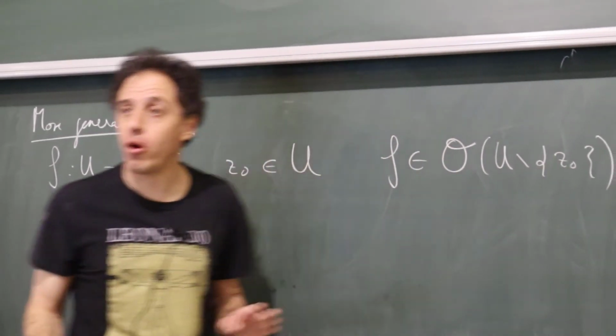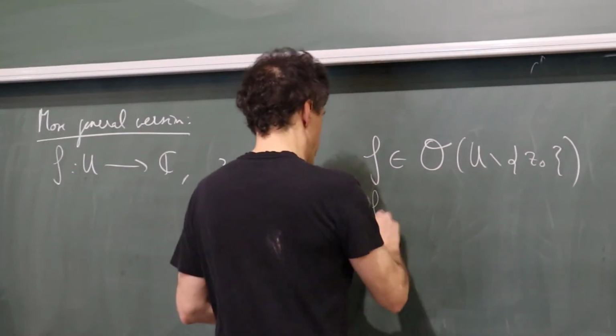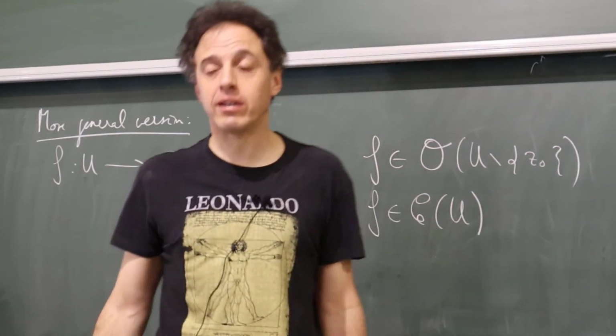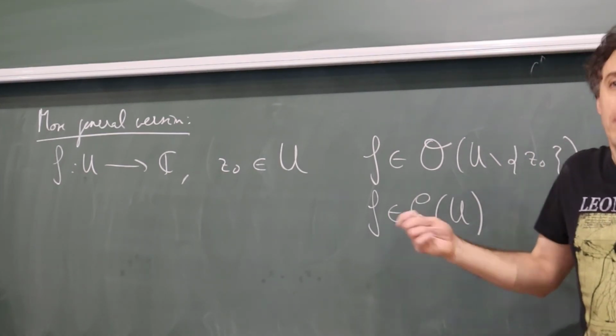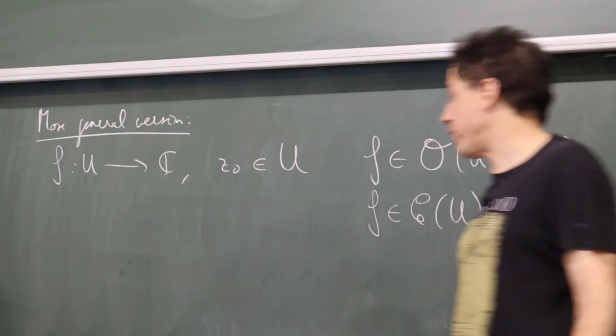So there is one point where perhaps f is not holomorphic, but it is continuous. You have a function that is continuous everywhere and holomorphic everywhere, but at most in one point. Perhaps there is one point where it's not holomorphic.